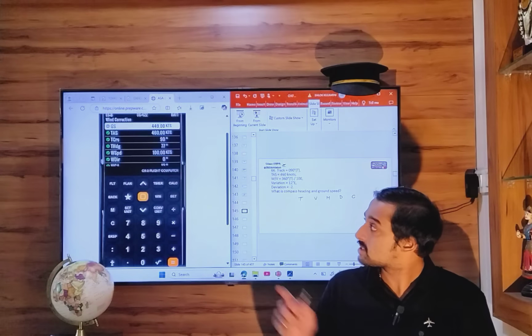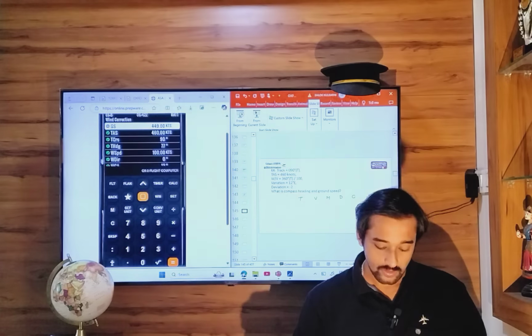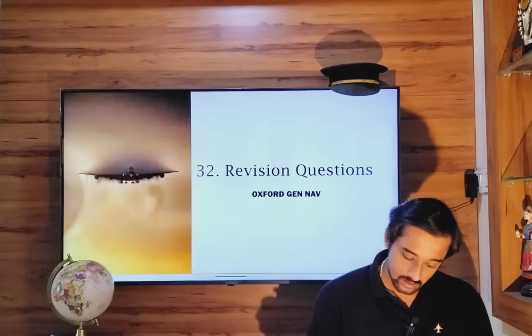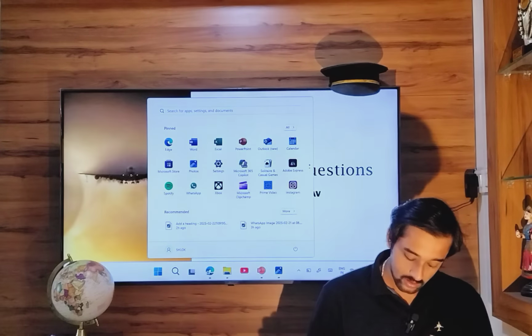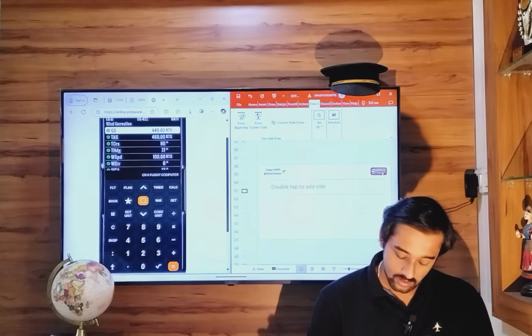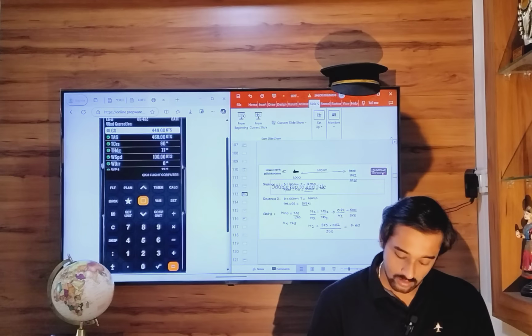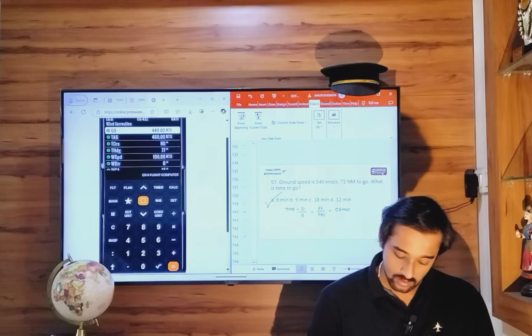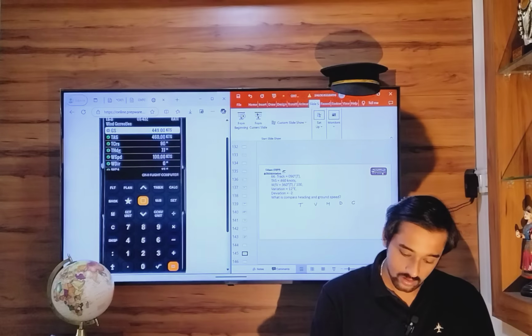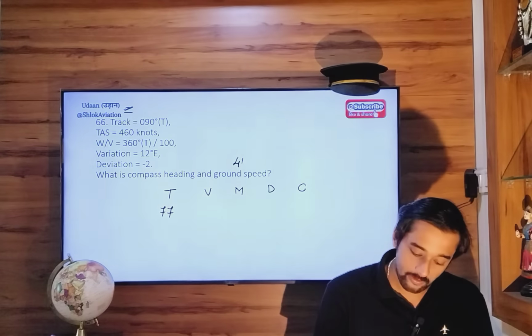So your true heading is 77 and ground speed is 450.